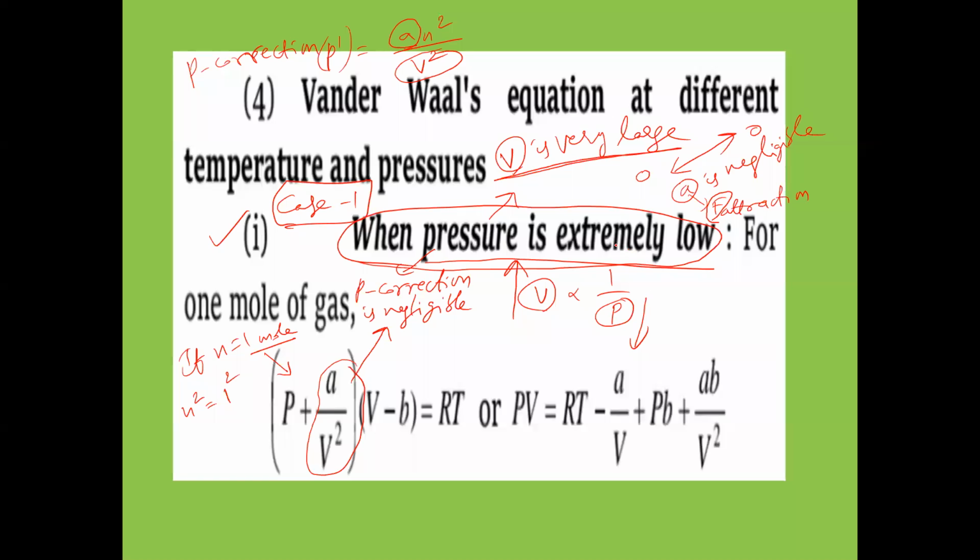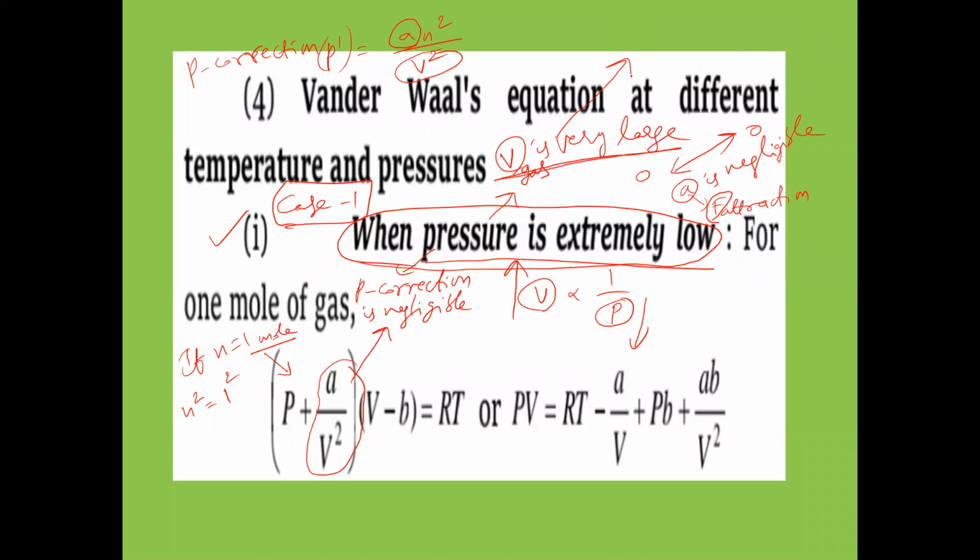Next, when pressure is extremely low, the total volume of gas is very large. When the volume of gas is very large, the gas molecule volume can be neglected. Each gas molecule has very less volume than the volume of gas.